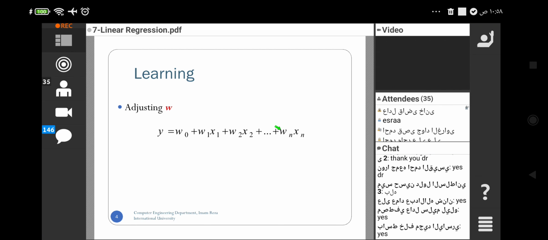In this learning model, the unknown values are w0, w1, w2 to wn.